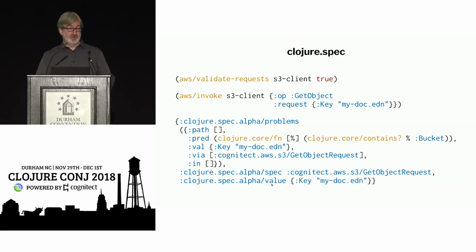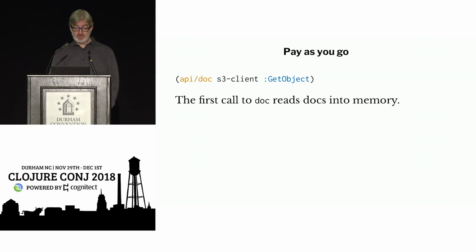This is really helpful when you're dealing with a deeply nested structure. It's got the values, so you can see that the specific part of the request that created a problem was the map that's bound to the key request in the call. So you can get right to wherever the problem is and try to figure out what's going on.